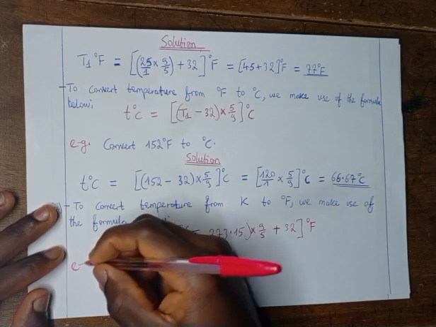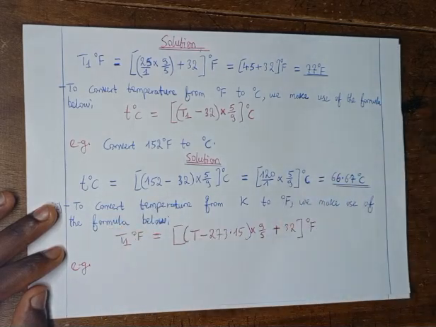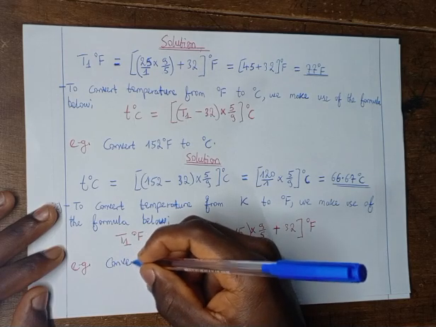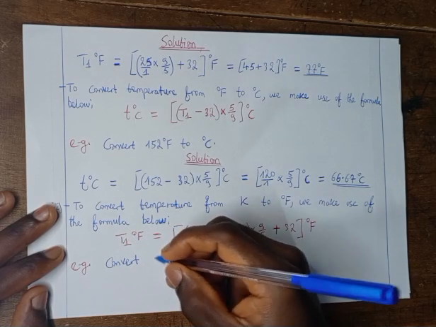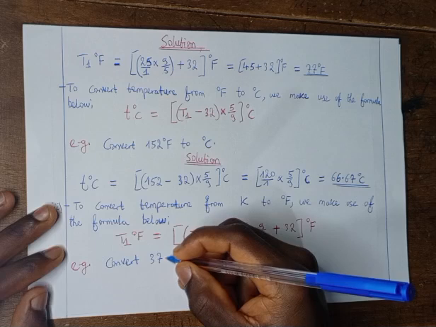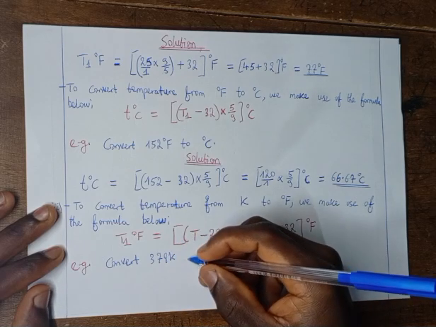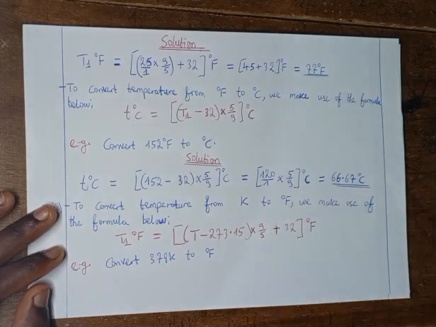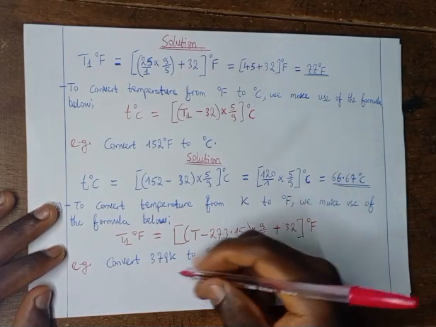Let's take an example, e.g. convert 378 Kelvin to degrees Fahrenheit. We take down the solution.